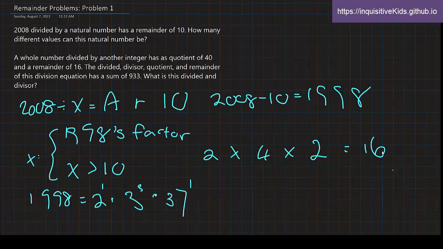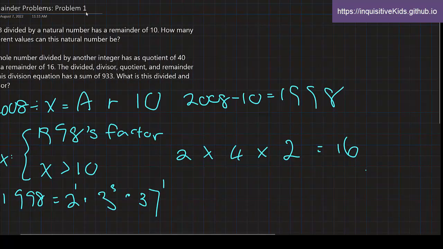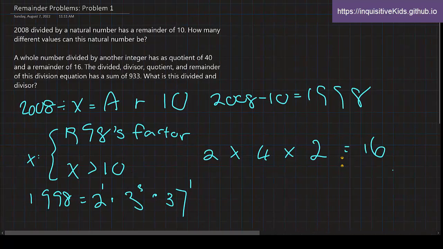And to explain, let me quickly talk about this. If you watched our previous remainder problems in the previous playlists, then you'll know, but I'm going to briefly explain. So right now we know that 1998 has to contain 2, a maximum of three 3's, and a maximum of one 37.